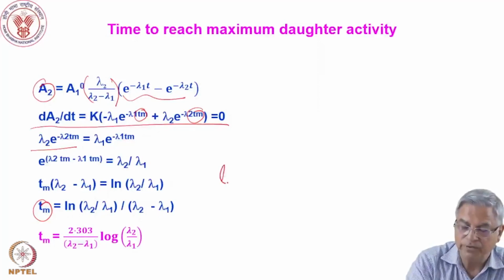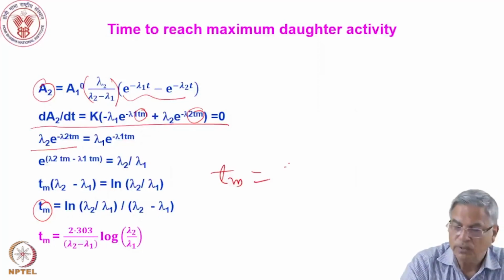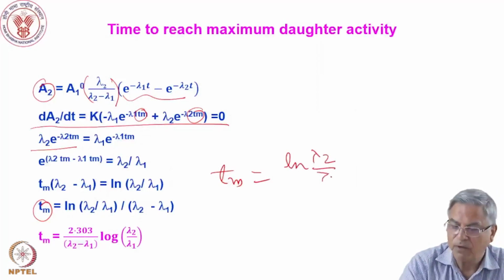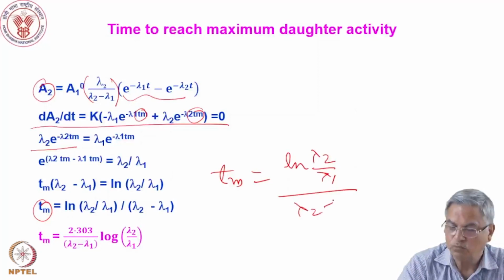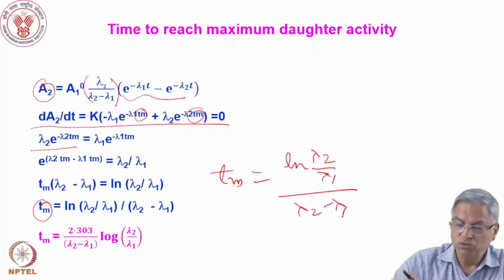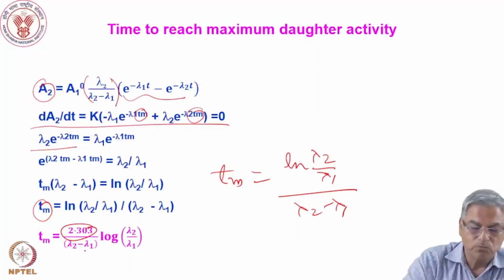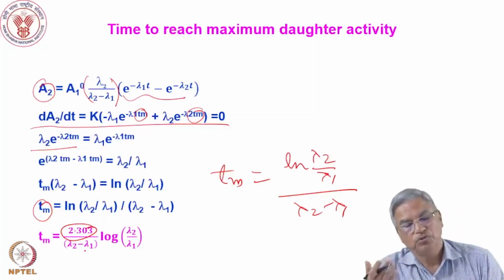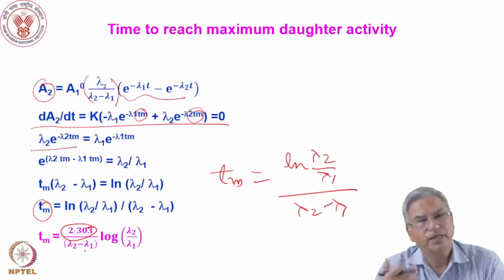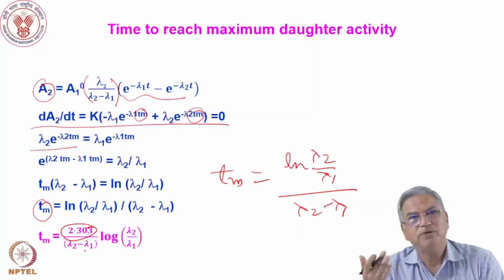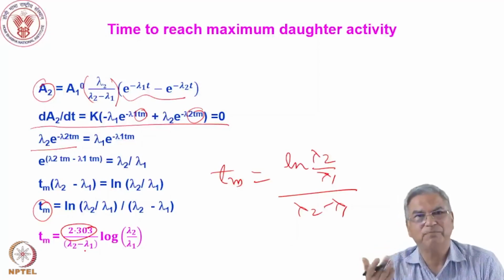If you want to put this ln in terms of log, you can put 2.303 log base 10 lambda 2 by lambda 1 upon lambda 2 minus lambda 1. So using this formula, you can calculate the time when the daughter activity will reach maximum in the case of a transient equilibrium.